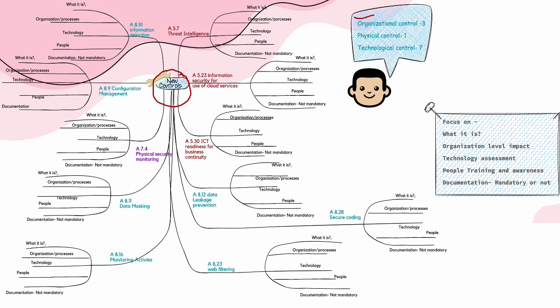We have already seen that 11 new controls are being introduced in this revised standard. In the organizational controls category, three new controls are introduced, in physical, one control, and in technological, a total of 7 controls have been introduced.